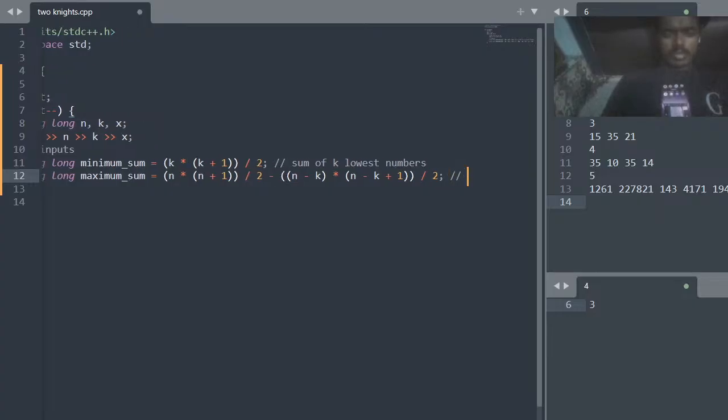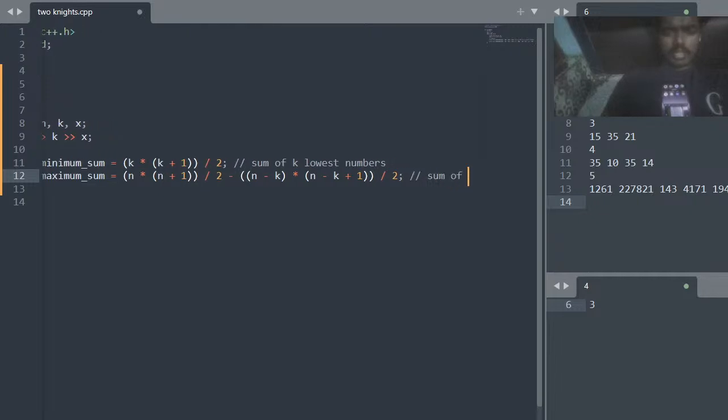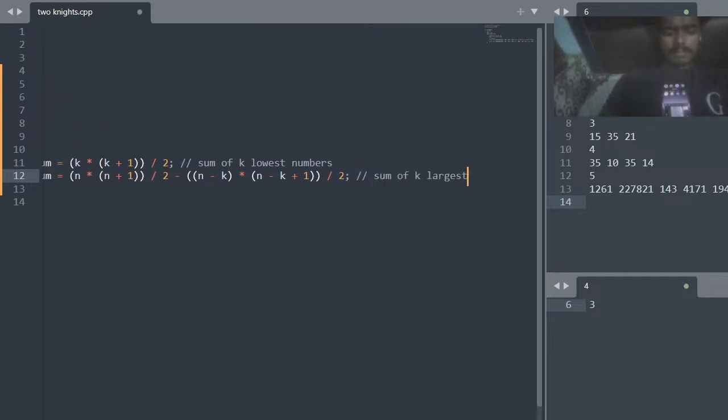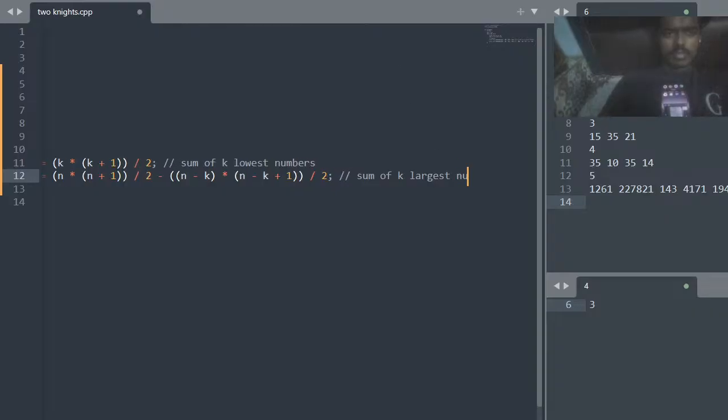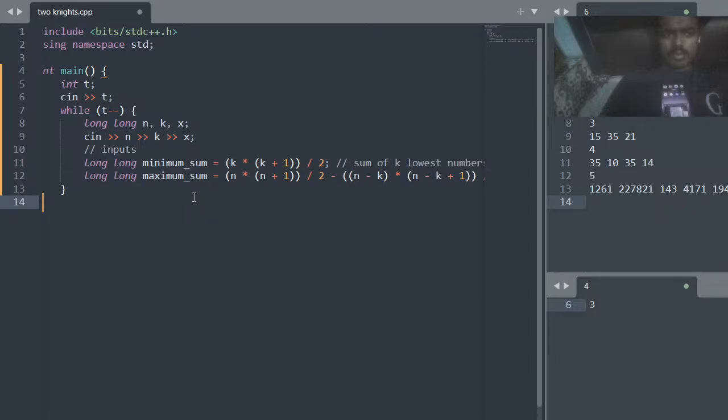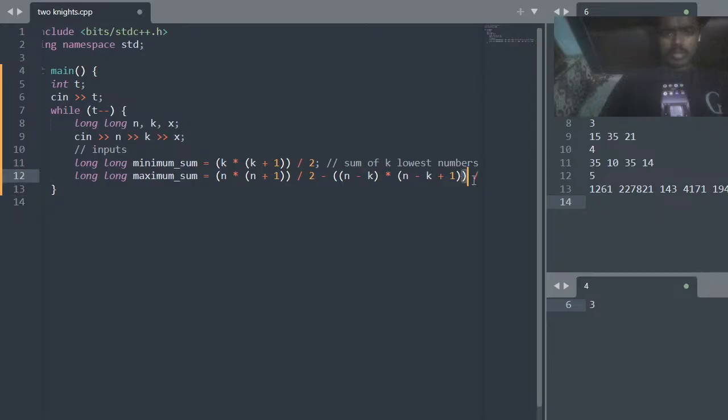So this is because it is the sum of the k largest numbers, right.